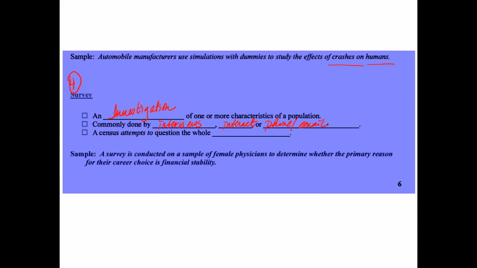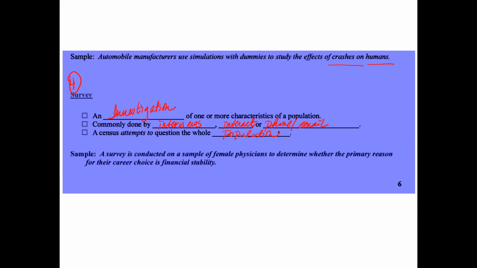A census attempts to question the whole population. So generally how this works is, especially with the election coming up, when they say they have these studies that project who is going to win, they obviously didn't take a survey of the entire population. They took a sample representing the entire population. And a lot of times that's done through phone or maybe email with surveys.